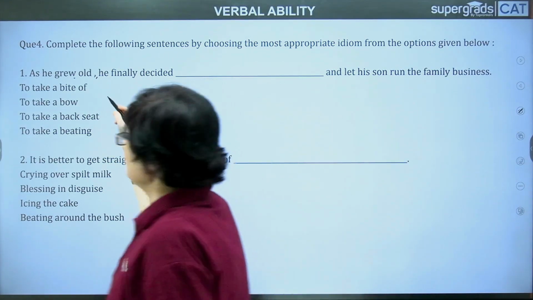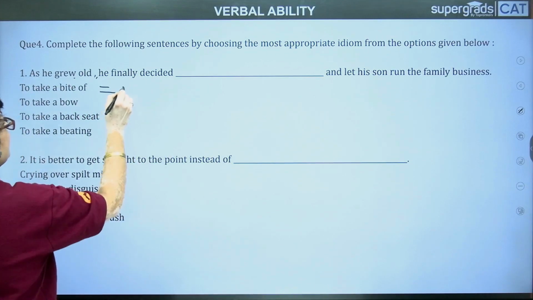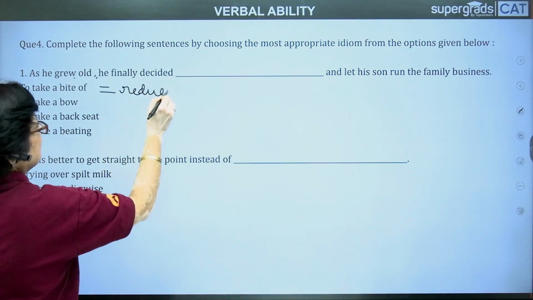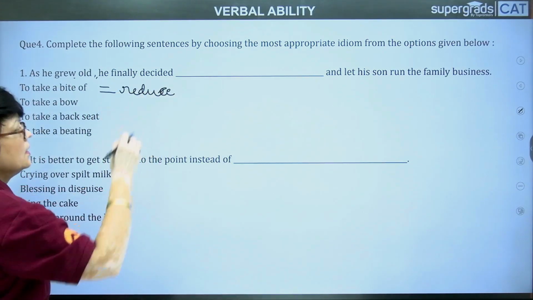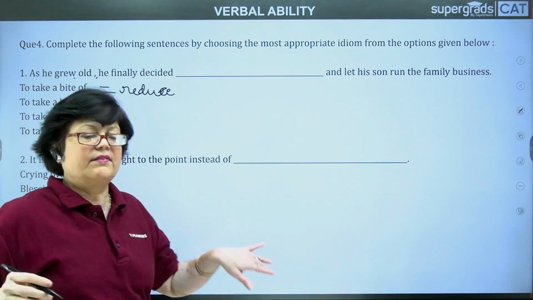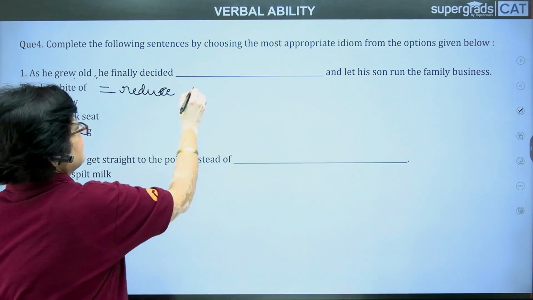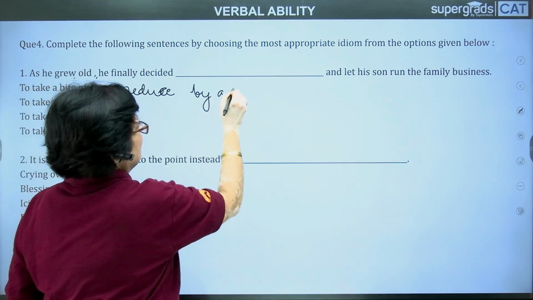To take a bite of means to reduce some work or some amount by taking away, reduce by a significant amount.